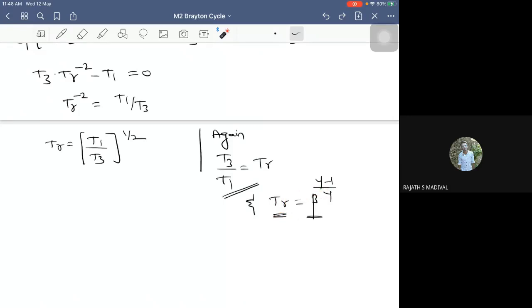If I add optimal here, that is TR optimal, even beta would be the optimal value. If I don't add optimal, as in this particular expression, even beta would be a normal pressure ratio. If I add optimal temperature ratio, even beta would be optimal. Understood? Got it?